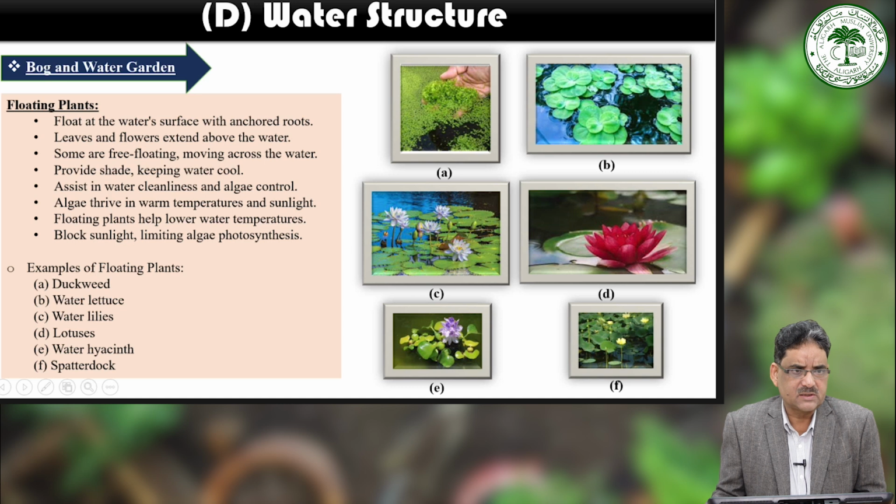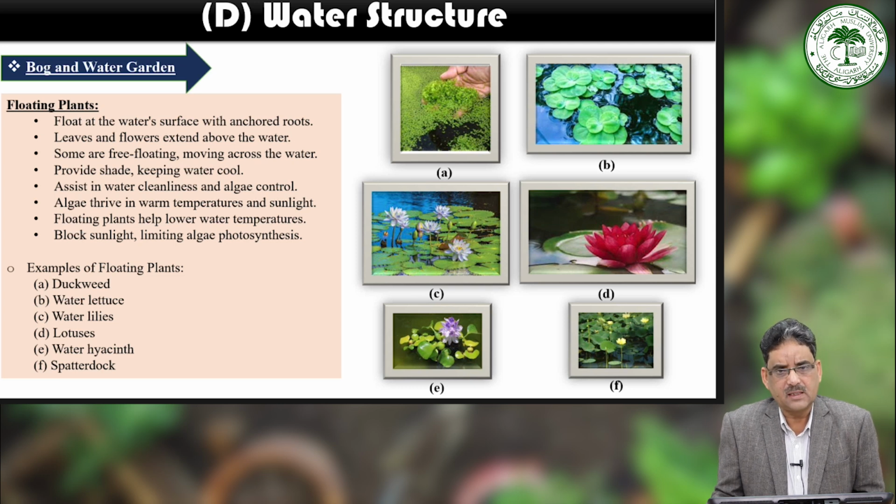Floating plants help to provide shade, keep the water clean, and control algae, because algae love warm temperatures and they need the sun to perform photosynthesis.